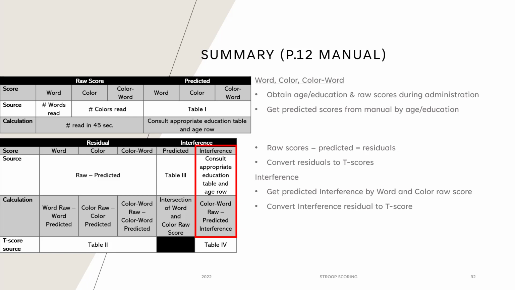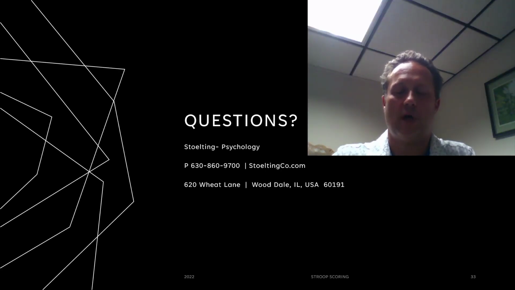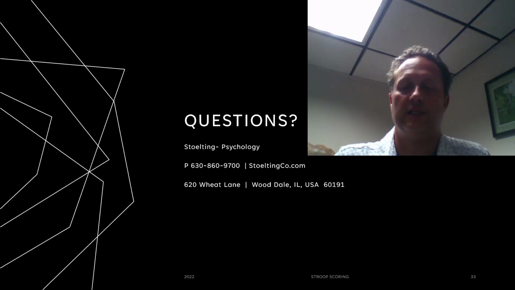And we converted that residual, our interference raw score, to a T-score using table 4. Well, that covers all the process of scoring the Stroop using the normative update and adapting that as needed for the previous version. Hopefully this helps you go through the process.